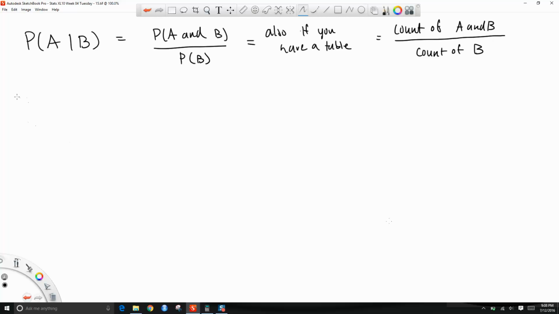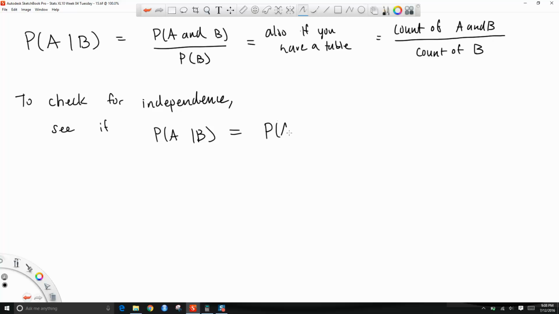And then to check for independence, see if the probability of A given B is equal to the probability of A. If yes, then A and B are independent.